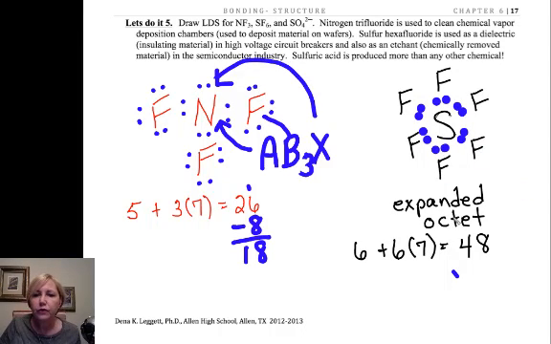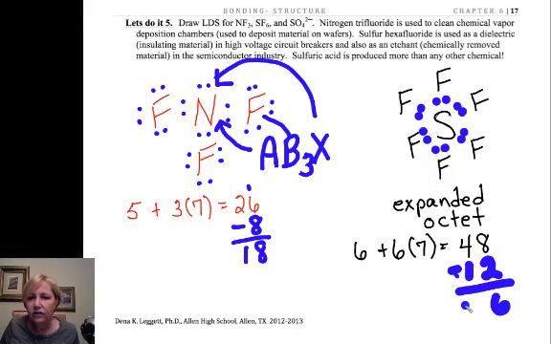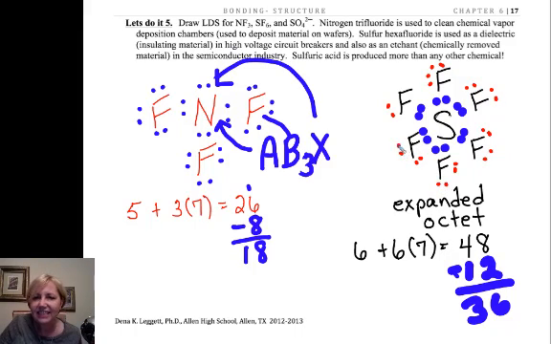So I've used up 2, 4, 6, 8, 10, 12. So I have 36 left. I'm going to make these a tiny bit smaller. And 2, 4, 6, 8, 10, 12, 14, 16, 18, and so on. I happen to know this is going to make everybody happy.